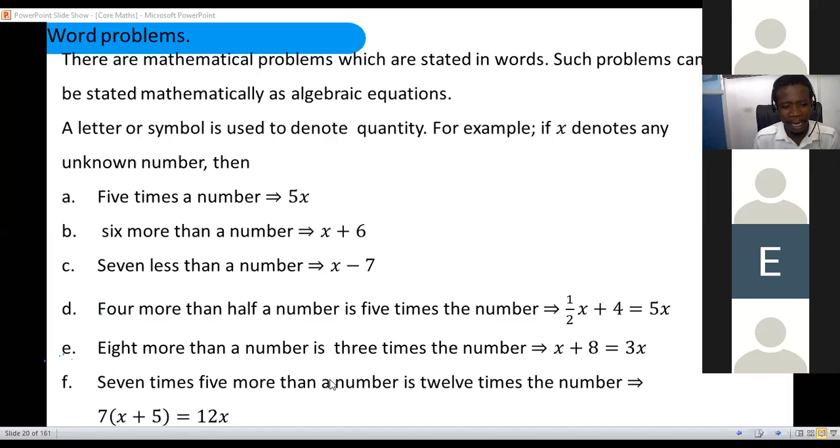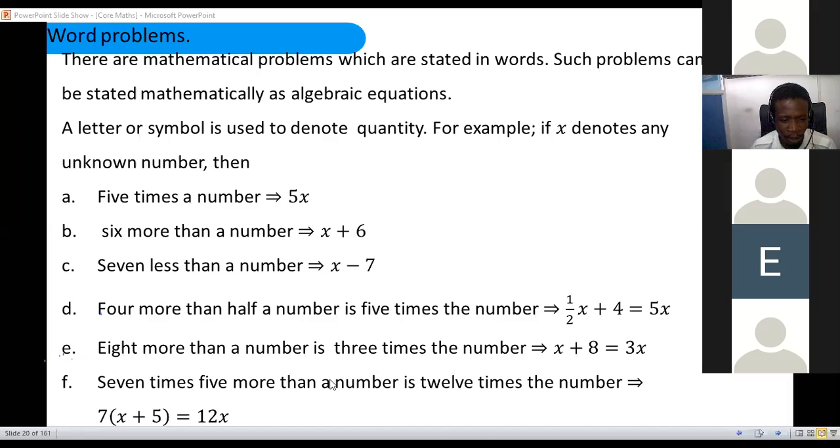So 5 more than a number is x plus 5. That is if x denotes that particular number, the unknown. Then 7 times 5 more than a number will give us 7 times x plus 5. And be mindful, anytime we are multiplying a binomial by something, we put it into brackets.